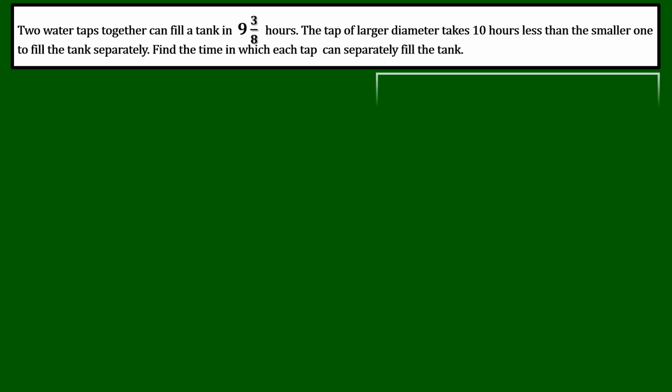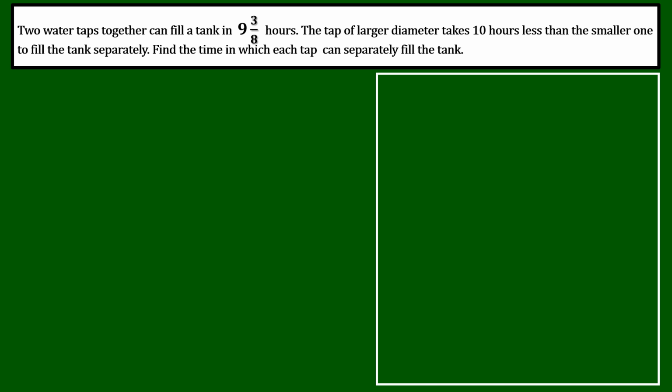The two taps, one larger, one smaller in diameter, together fill the water tank completely in this much time, 9 3/8, right? We have to find the time each tap will take independently, separately, to fill the tank.